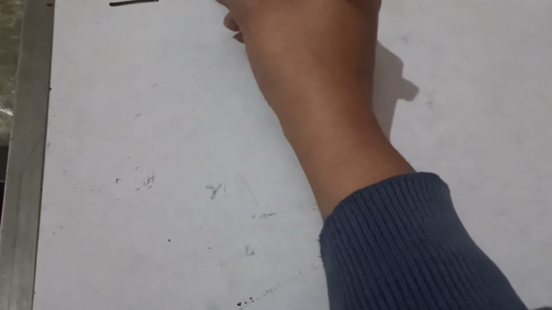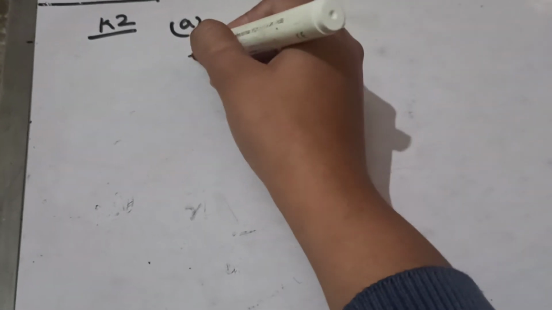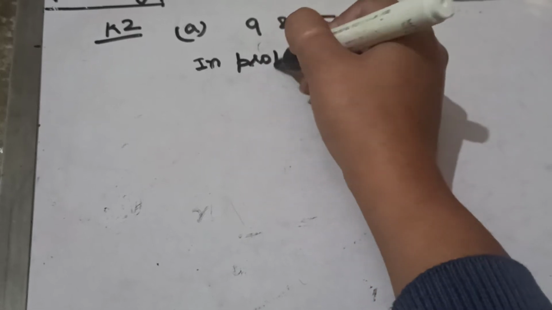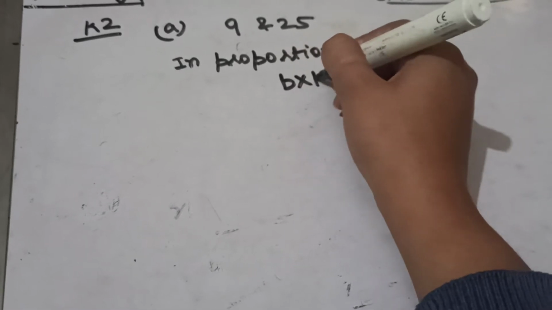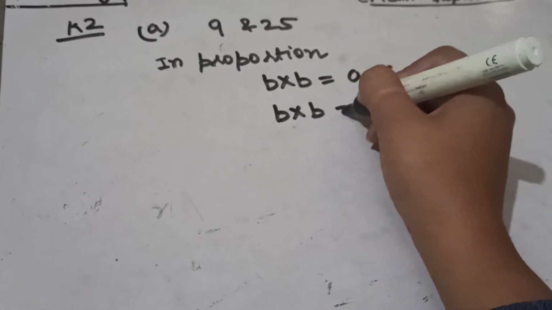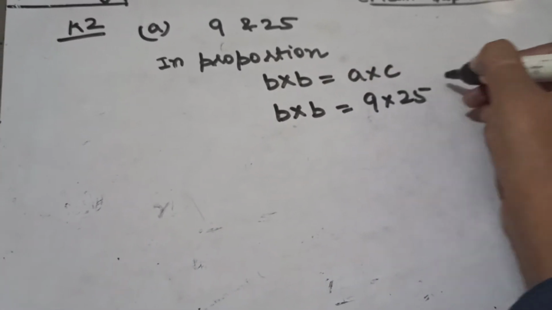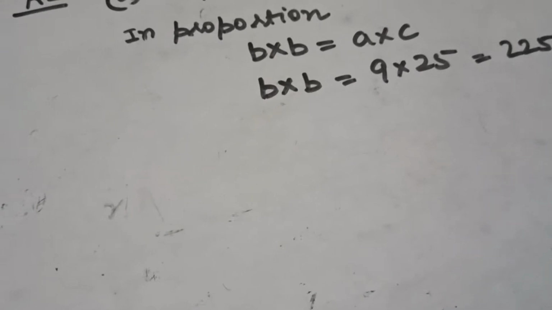The first and the third term given below, find their mean proportion, right? So for these type of questions, A equals to 9 and C equals to 25, right? So in continued proportion, we know B cross B equals to A cross C. B square as it is, 9 multiplied 25, which is equals to 225, right?